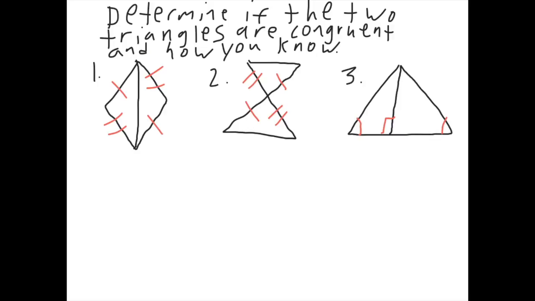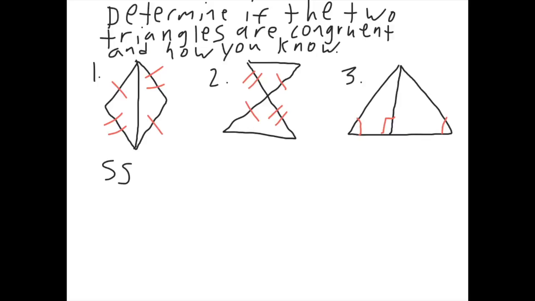We need to know, from this picture, can we figure out anything else, if anything else might be congruent? Well, we have one side congruent to one side, so that'll give us a side, then second side congruent to a second side, so another side.